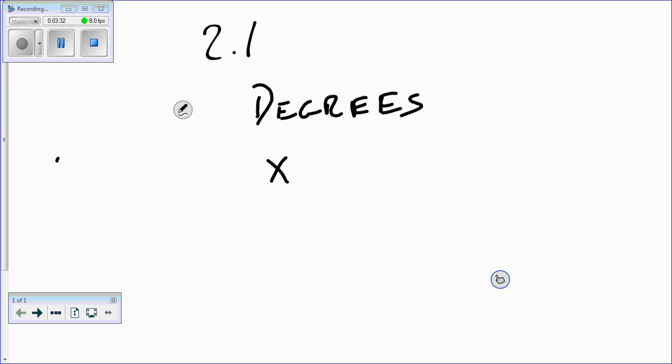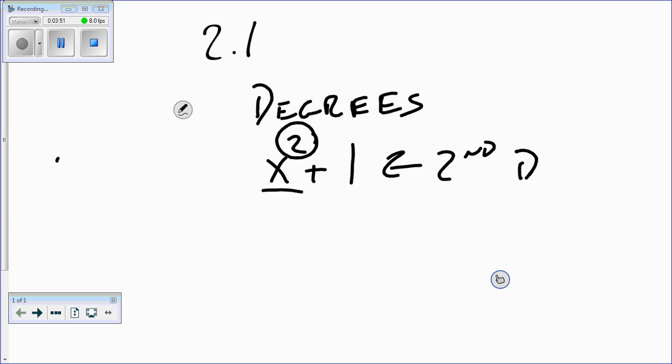Degrees. If we said something like x squared plus 1, this is what we call a second degree polynomial, or a second degree binomial. We tell the number of degrees by the highest exponent. So it's got to be the variable raised to an exponent. This would be a second degree polynomial.